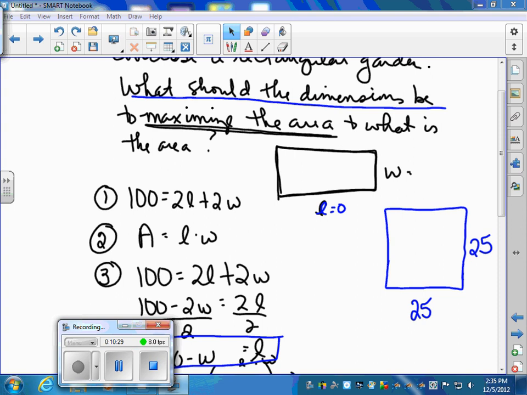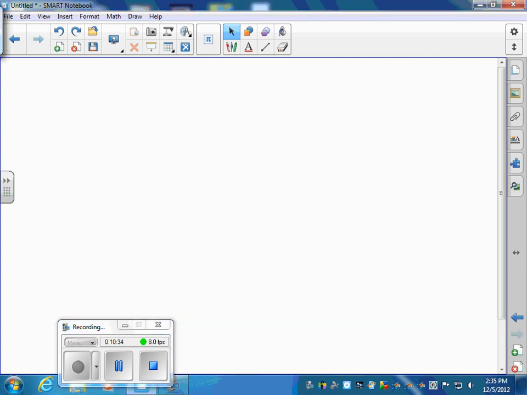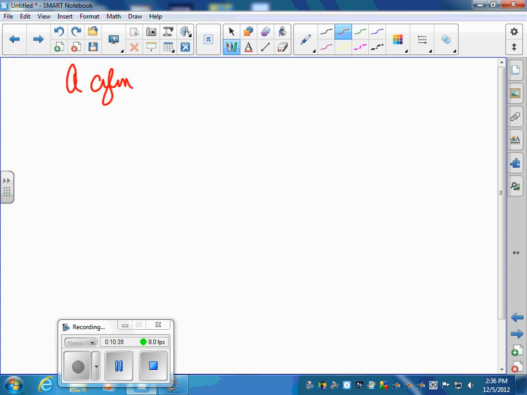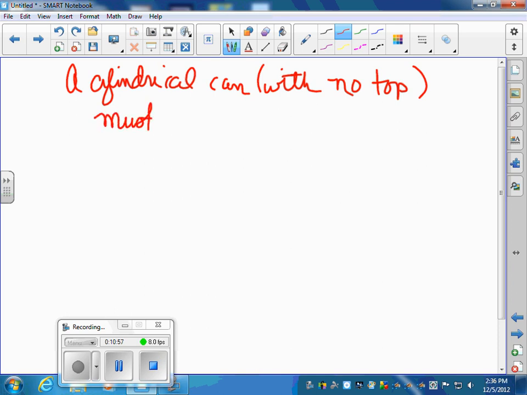All right, we'll look at one last problem. This one's actually going to involve a cylinder. So let's look at a cylindrical can with no top. Whether things have tops or not is really important. Must hold 42 pi cubic centimeters.